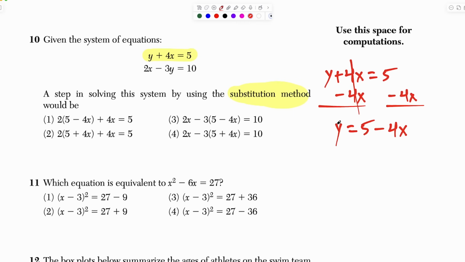So now we have y equals 5 minus 4x, and in the next equation we have a y here, so we're going to plug in for that. Next we have 2x minus 3 times y, equals 10. Now instead of minus 3y, we plug in y equals 5 minus 4x. So we have 5 minus 4x. And now all we have to do is scan the answer choices, and we can see that this matches up with choice 3.